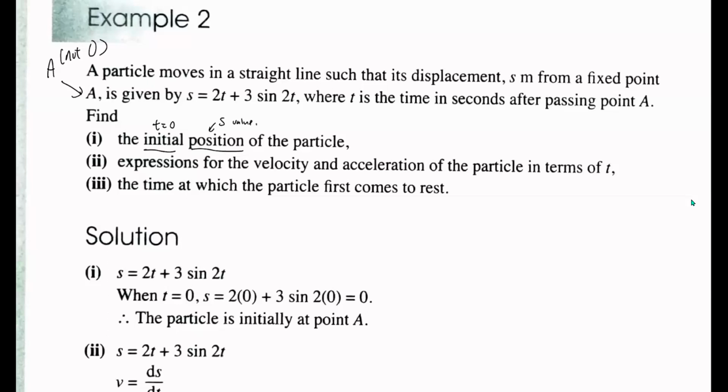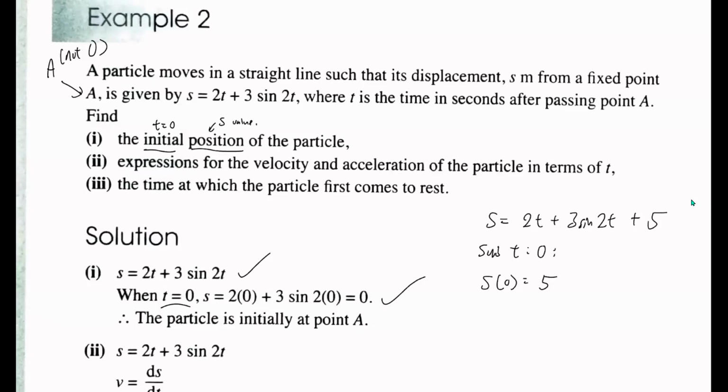So you just copy the s formula, sub in t equals 0, you get 0. So therefore, the particle is initially at point A. So if this happens to be, let's say, a different formula, s equals 2t plus 3 sine 2t plus 5, then if I sub in t equals 0, what will I get? I'll get s of 0 equals 5, right? Good. Then what does it mean now?